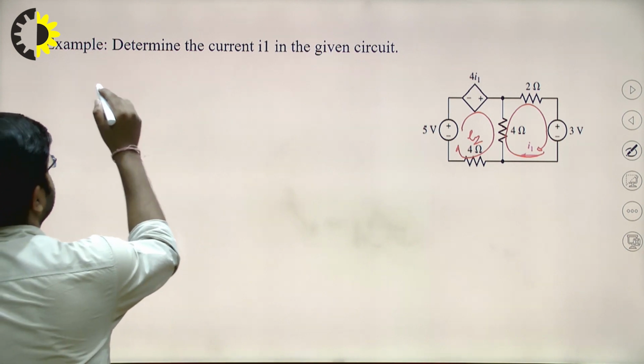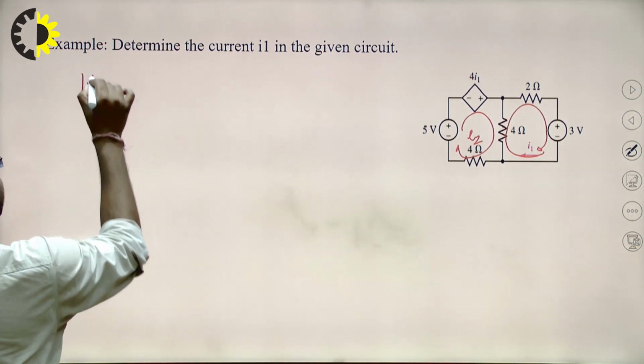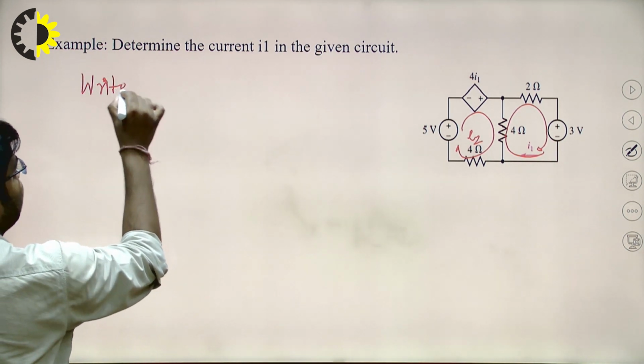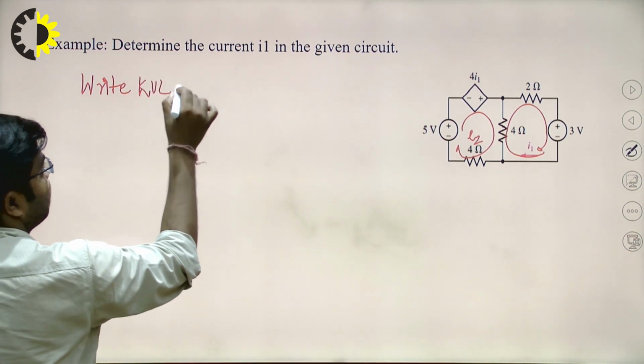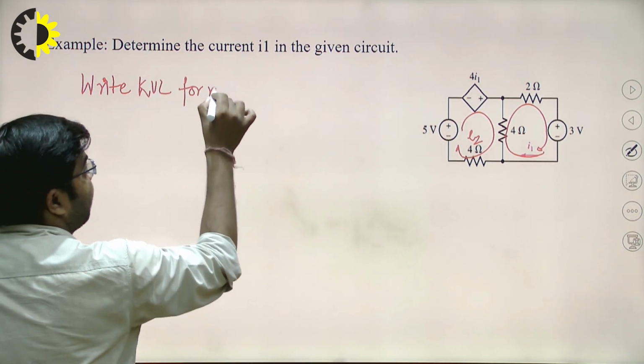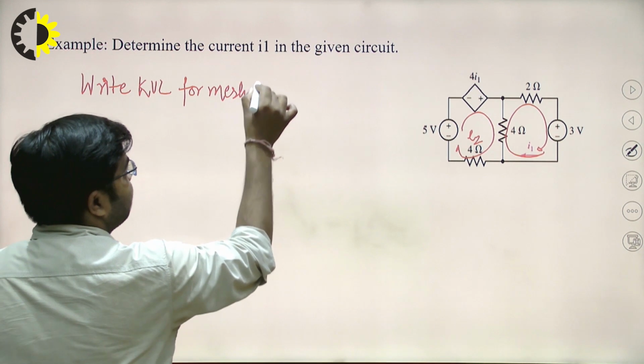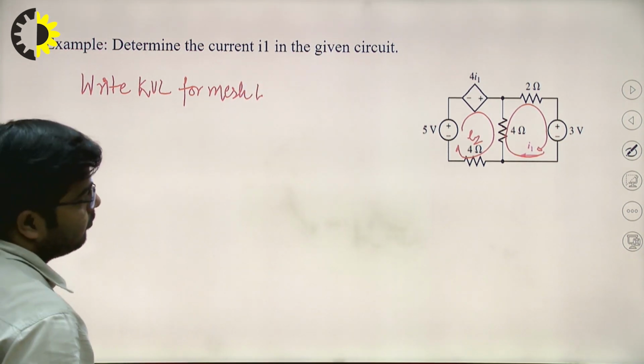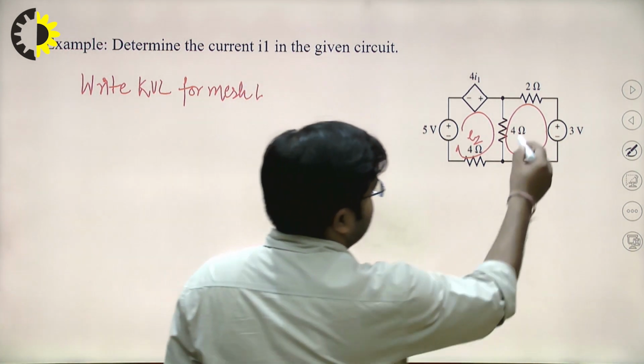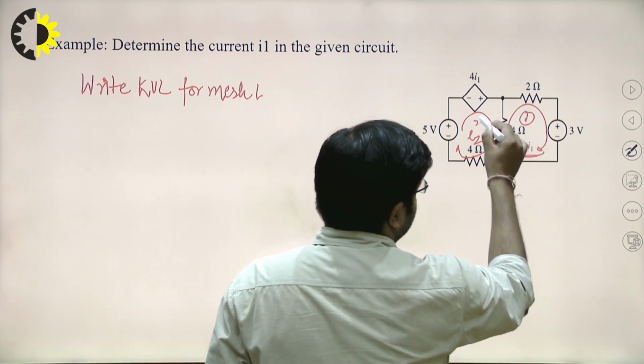So first write the KVL for mesh number 1. So this is mesh number 1 and this is mesh number 2.